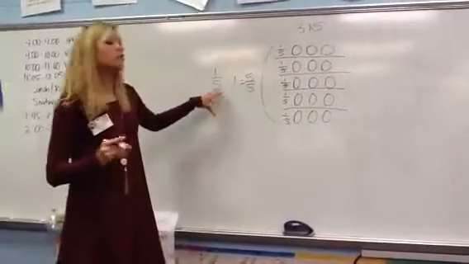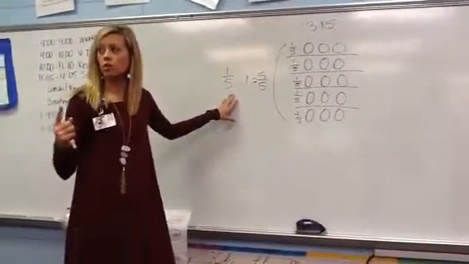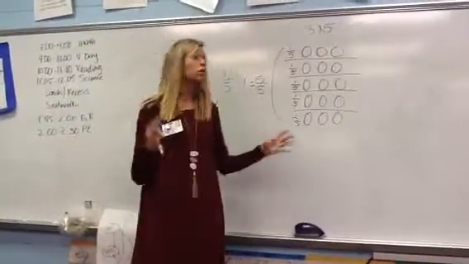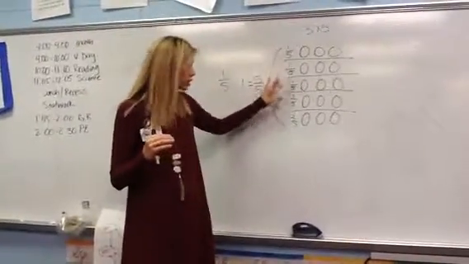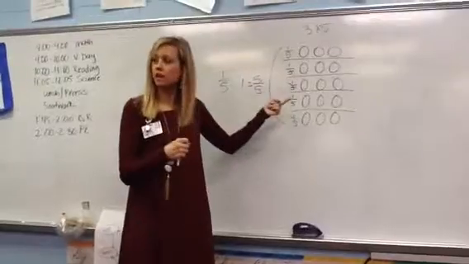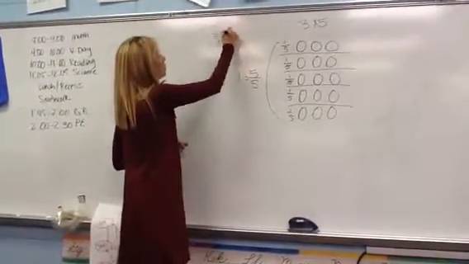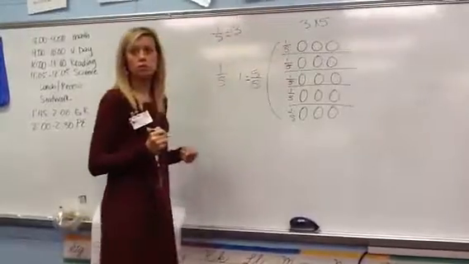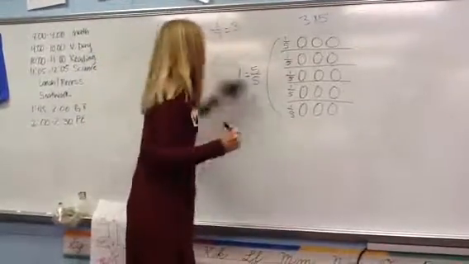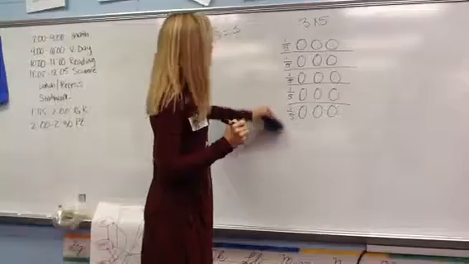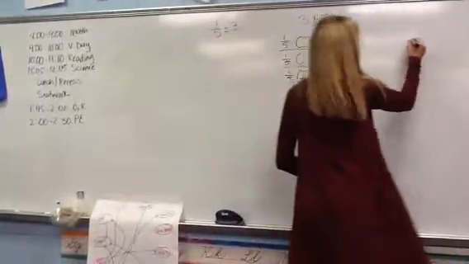So if I want to know how much is in 1/5, I split the whole into 5 parts. And in this case, 1/5 has how many? 3. So for this, 1/5 would equal 3. Okay? Now, I'm going to just draw it over.